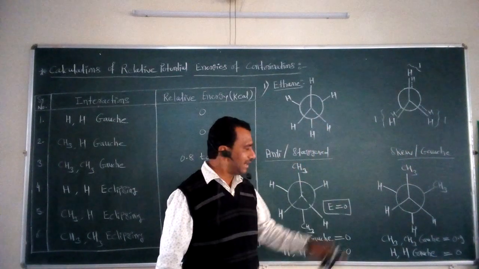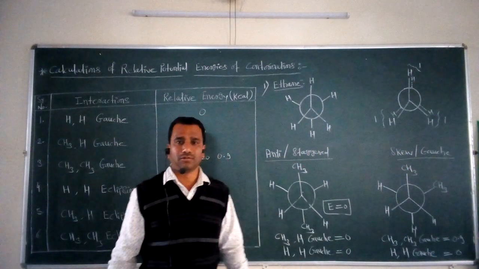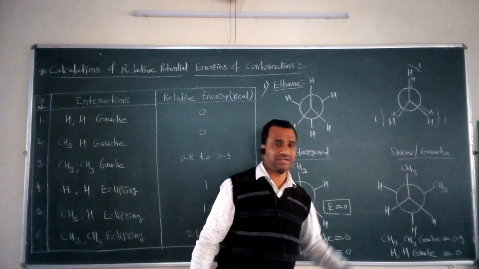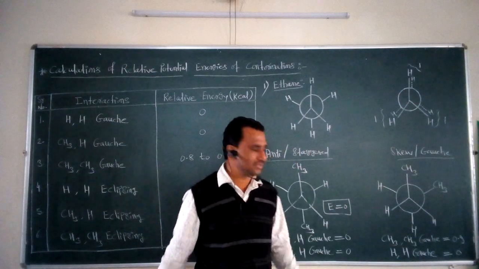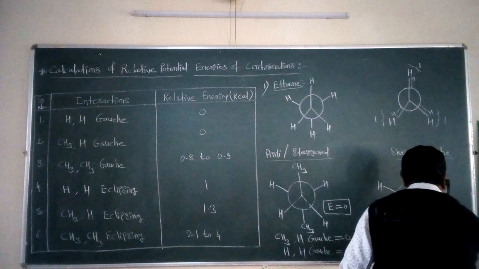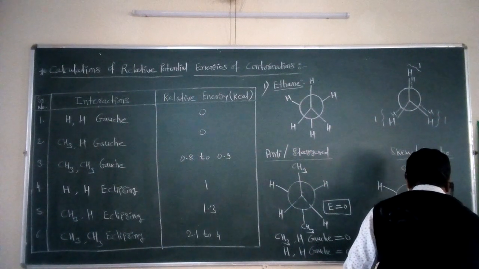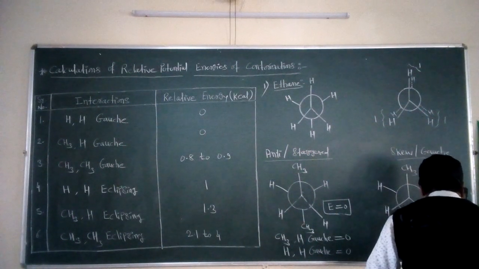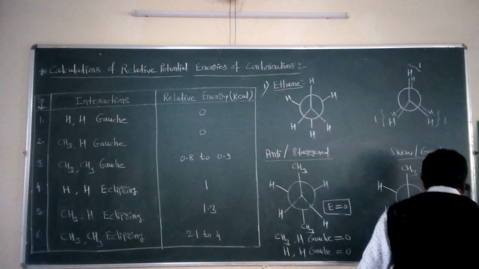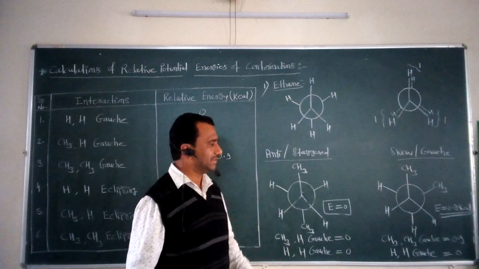If we add together both these contributions of the methyl-methyl gauche interaction and the hydrogen-hydrogen gauche interaction, the total is 0.9. So we can say that the energy for this conformation is equal to 0.9 kilocalorie.